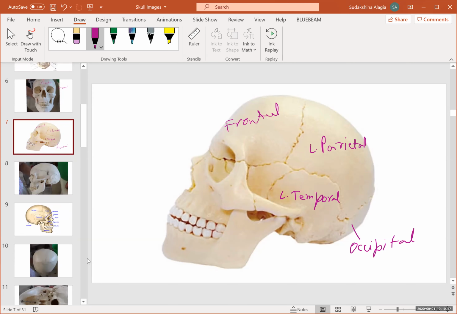So what are these lines between frontal and parietal, and between temporal and parietal? Sutures. Actually, sorry, you do see part of the sphenoid. Okay, so these lines are referred to as sutures.